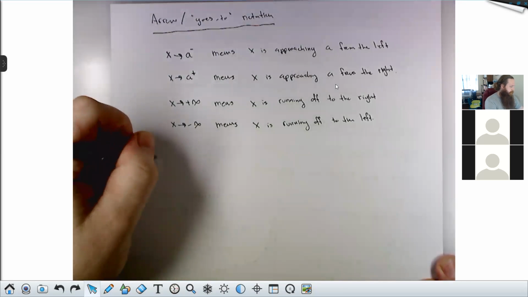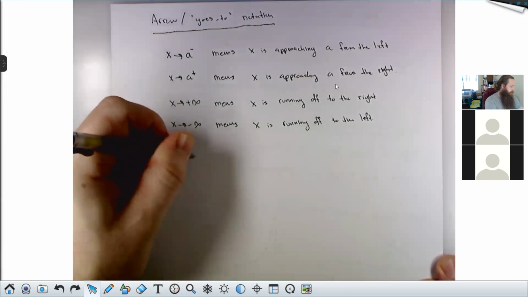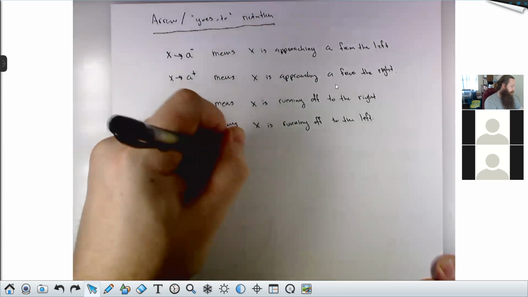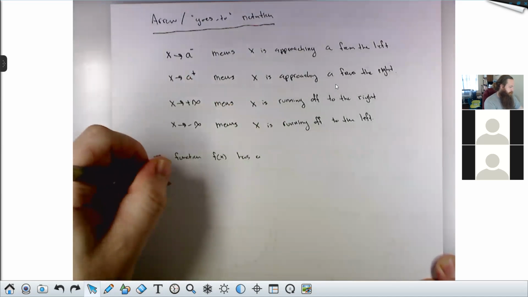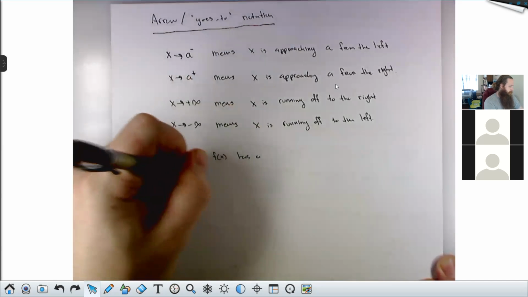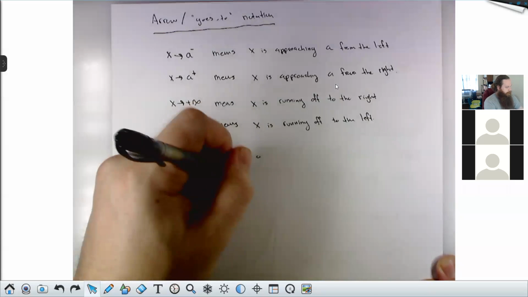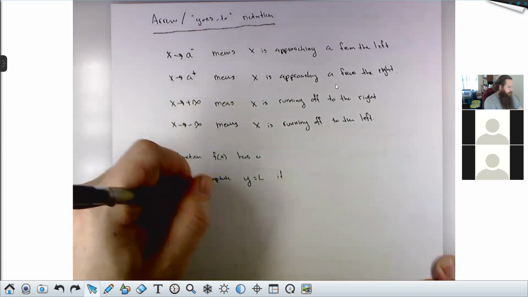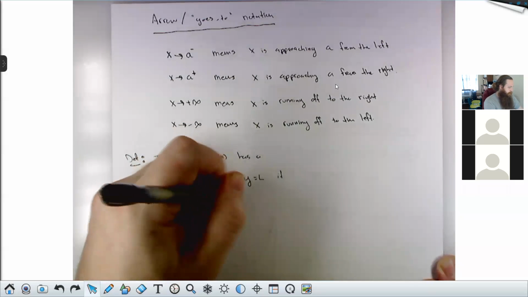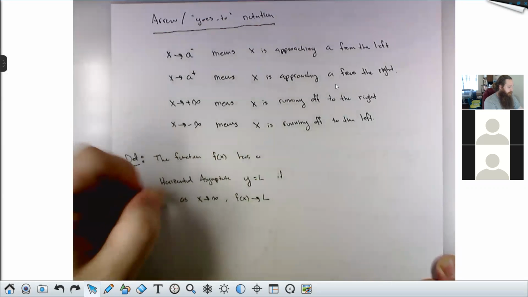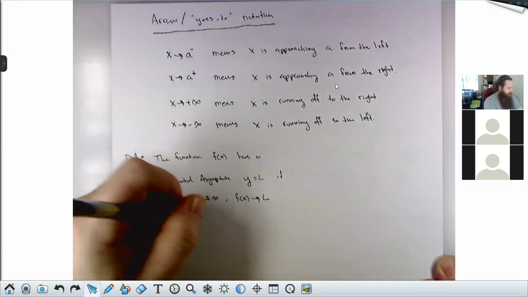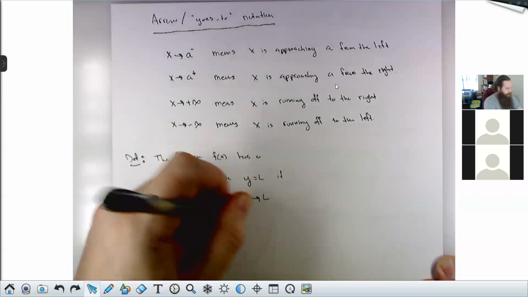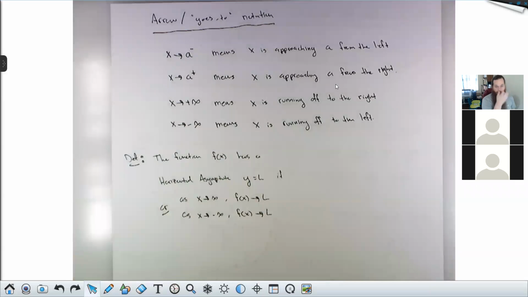We would say the function f of x has a horizontal asymptote y equals L if, as x approaches infinity, f of x or y approaches L, or as x approaches negative infinity, f of x approaches L. So to say a function has a horizontal asymptote, like y equals 2, means that one of the following is true.